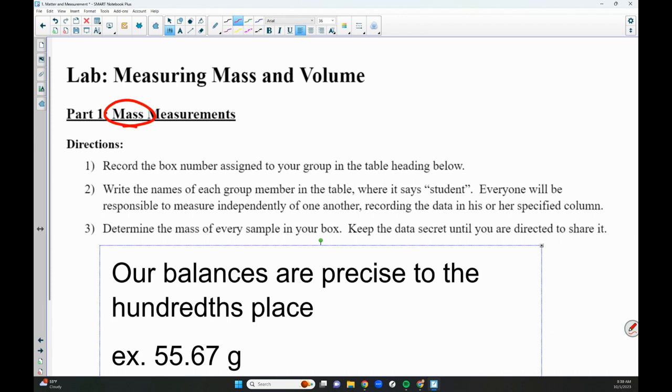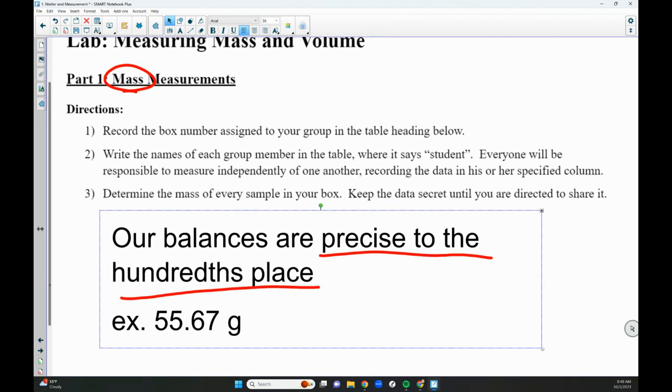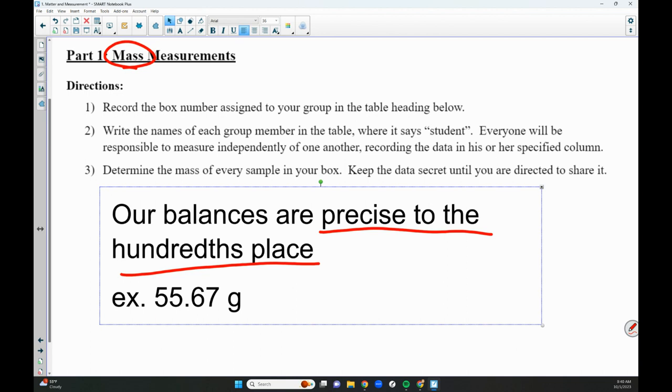Remember, in order to use the balance successfully, hold down the 0 button until the balance comes on, and then you can press the button again to zero it out. It should read 0. And then you can start measuring the mass of each of your samples. Our balances are precise to the hundredths place. So everyone should have their samples to the hundredths place.